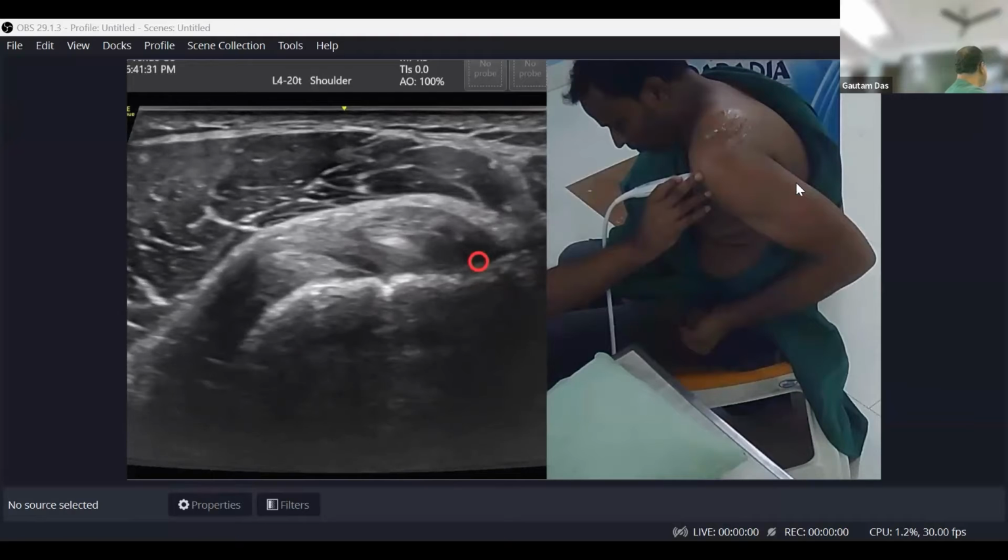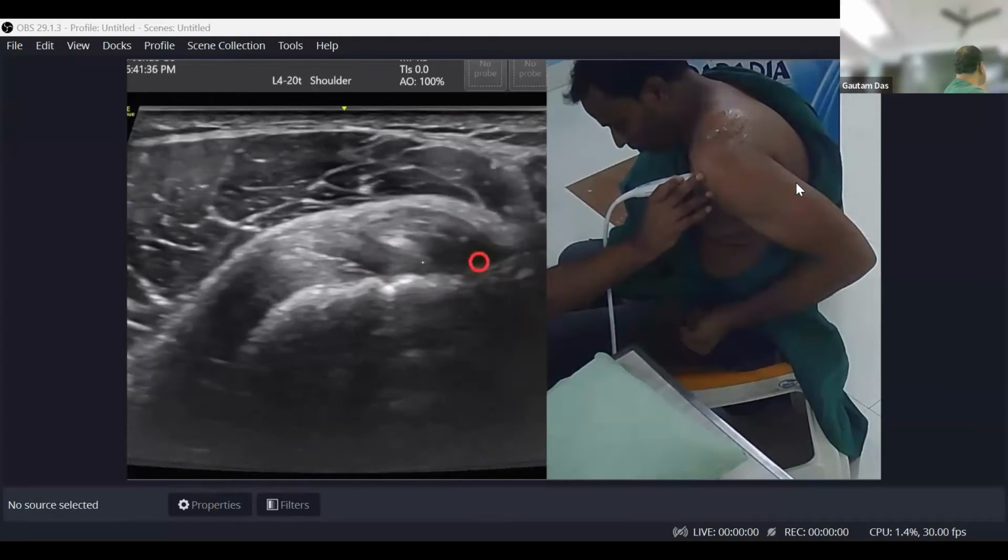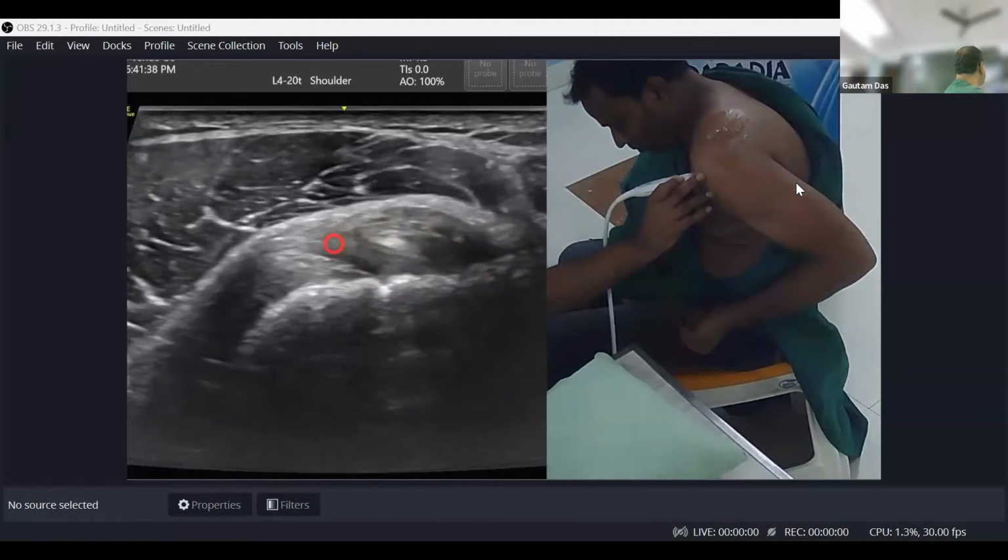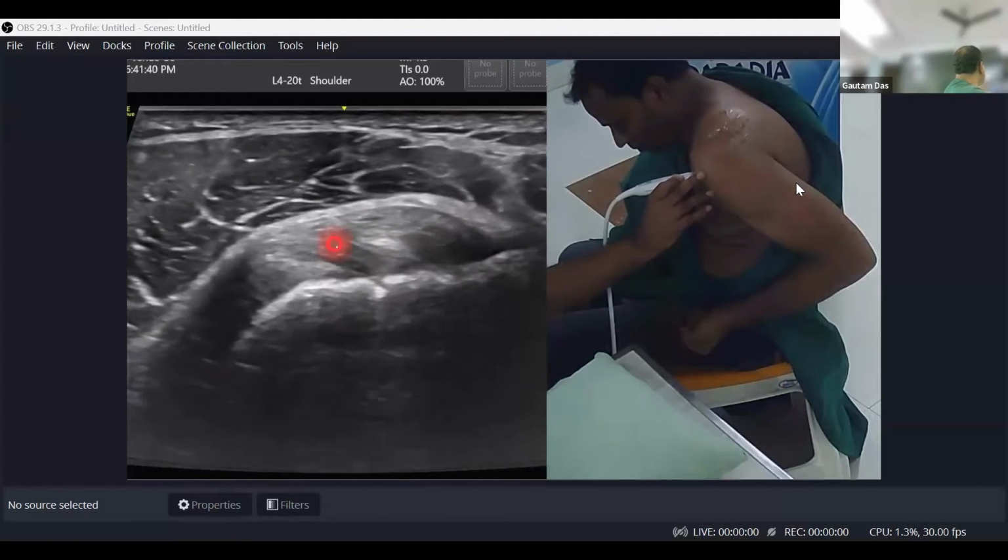As I was telling you, there are three glenohumeral ligaments: superior, middle, and inferior. So these are the fibers of the superior glenohumeral ligament, and the roof is this hyperechoic area, which Sirius was telling, by measuring that we can measure.